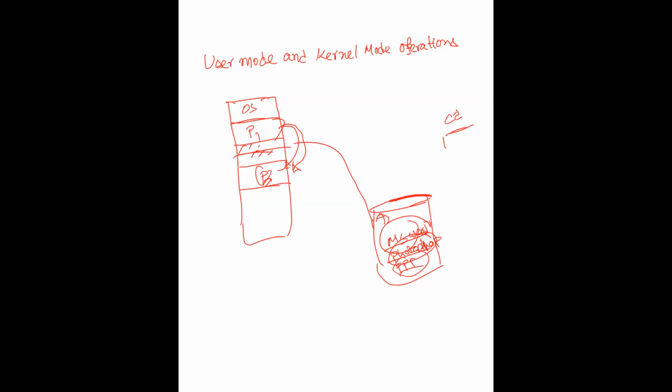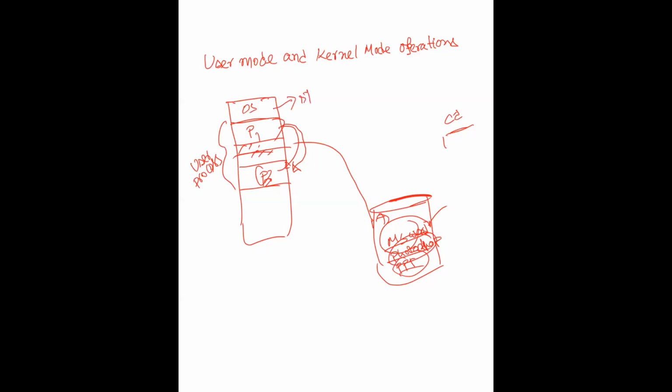This process has a special name. It's called the user process. Also, another kind of process is called the system process. Your operating system is also a system process.